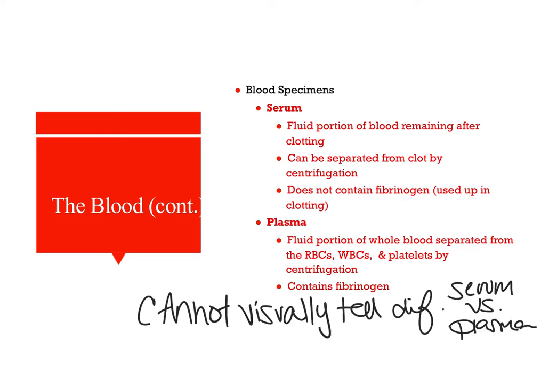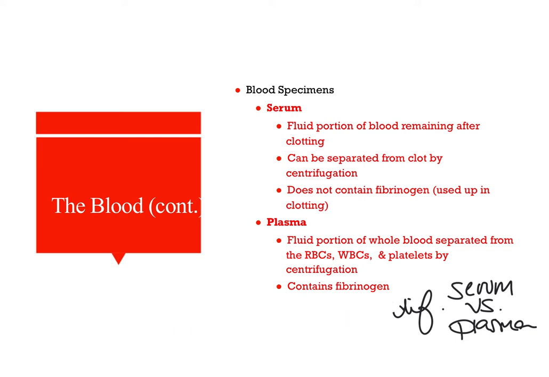You will see that again, okay? You cannot visually tell serum and plasma apart. You have to know if it was drawn in a tube that clotted or did not clot. Now, how do we know that? Well, we have a whole lesson coming up over the next couple of weeks where you're going to learn the tubes and which ones clot and which ones don't clot. Okay?